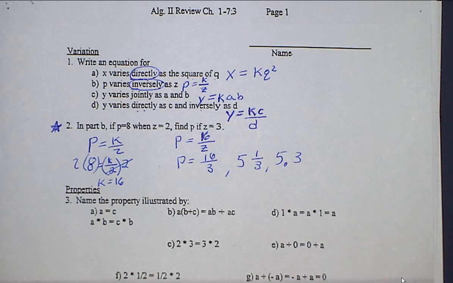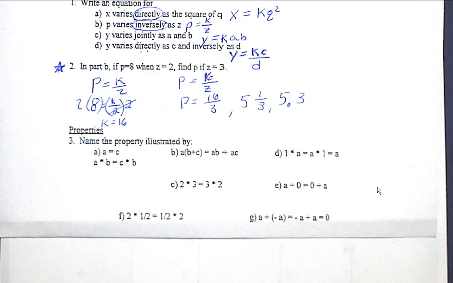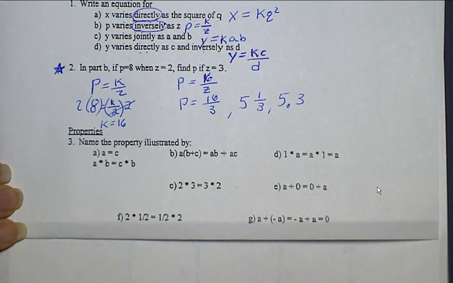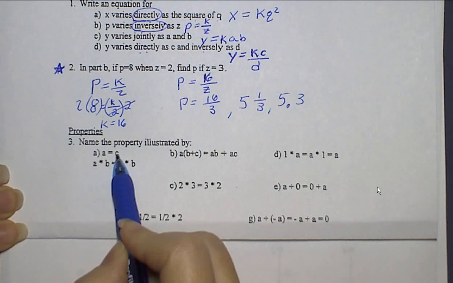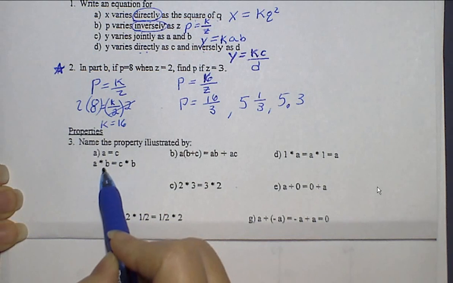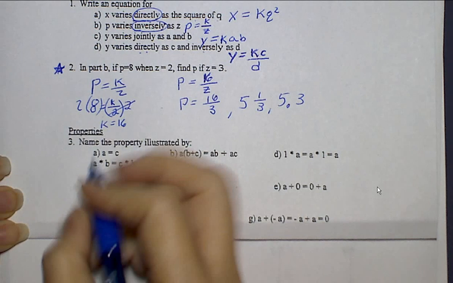Alright, then we come to our properties. I'm going to move it up so we can see them all. We come to our properties, and we have here when you have a equals c, and now we're going to multiply both sides by b, so that would be the multiplication property of equality.